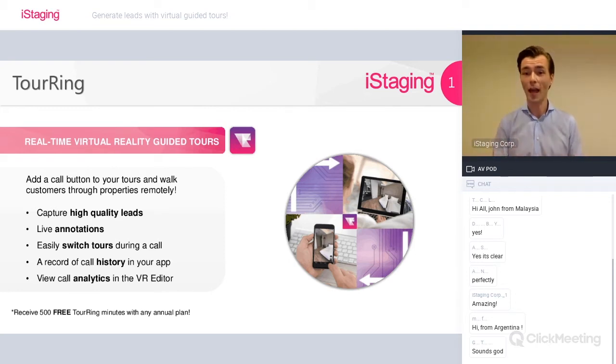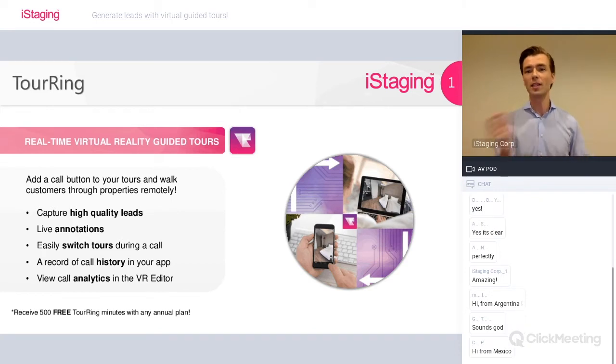All they need to do now is basically click on a simple call button, that then will automatically call the owner of the virtual tour, which would be you. Your phone will ring, and you can then look at the same virtual tour at the same time when you answer the phone, and you'll be able to guide that person through the virtual tour and ask any questions that they might have. And this is a great way to capture high quality leads.